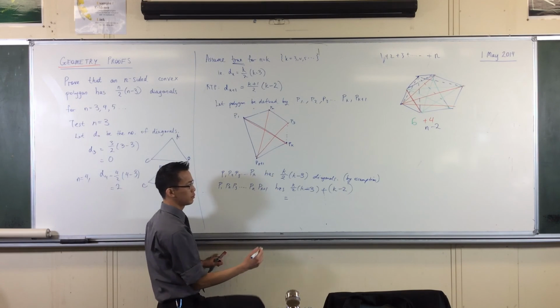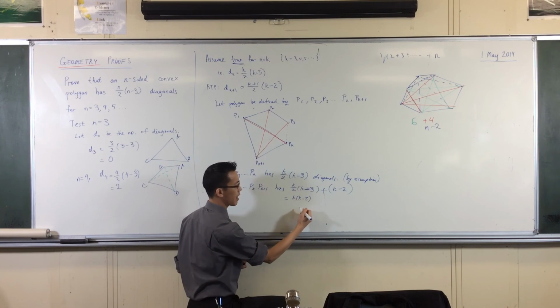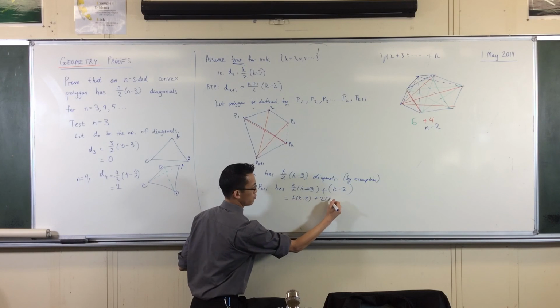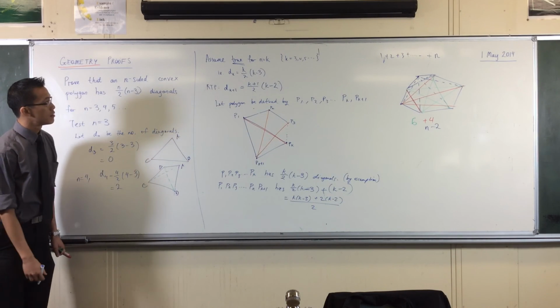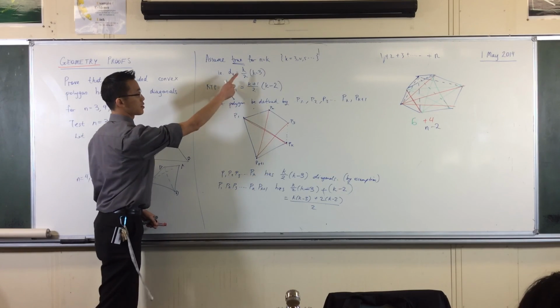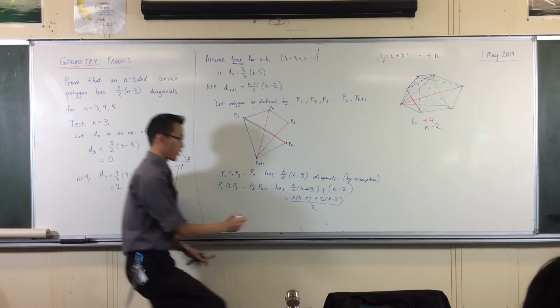That's equal to, let's put this on a common denominator, shall we? That's k minus 3 plus 2k minus 2, all on 2. Is that all right? I'm going to keep the 2 around because I know I'm going to need one in the end, so there's no point getting rid of it. What do we got?